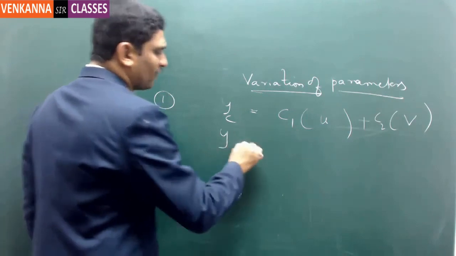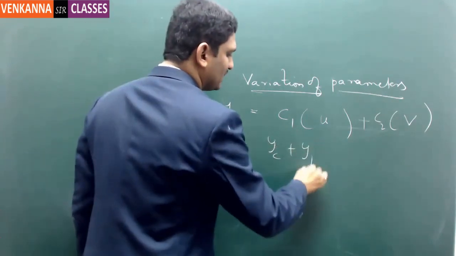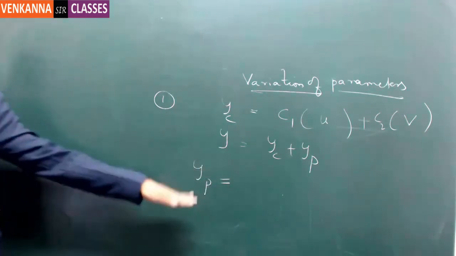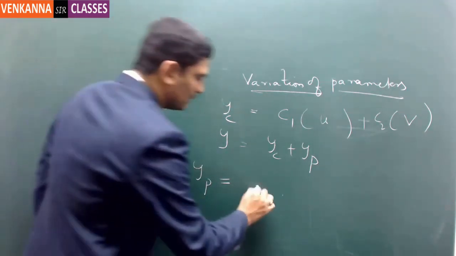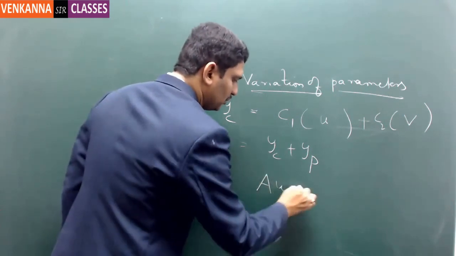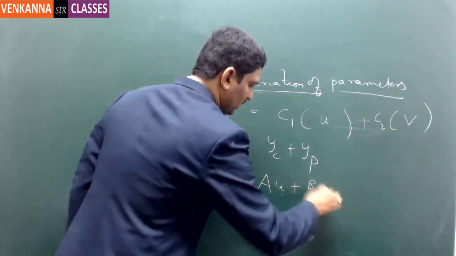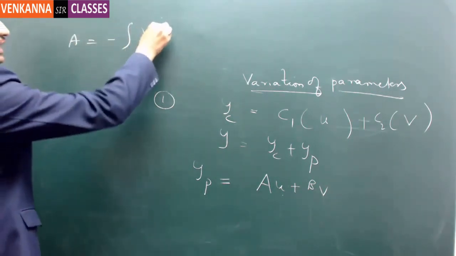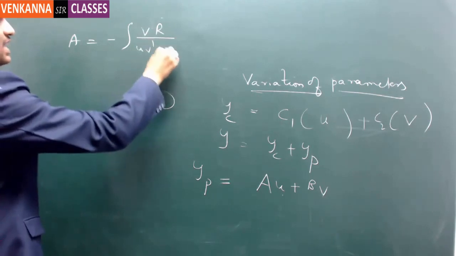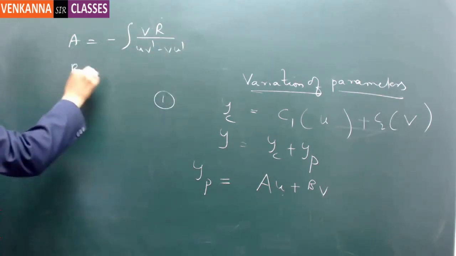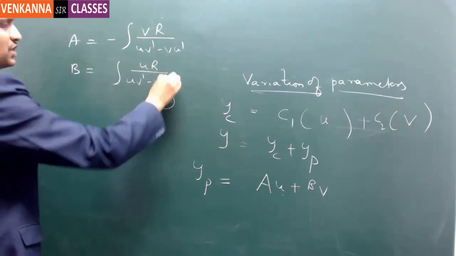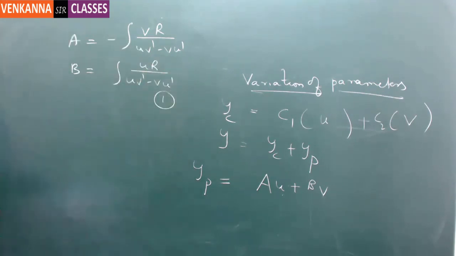The general solution y is given by yc plus yp. And for yp, we use the following procedure. yp is given by a into u plus b into v, where a is equal to minus integral vr by uv dash minus vu dash, b is equal to integral ur by uv dash minus vu dash. This is the procedure for variation of parameters, so please take note of that.